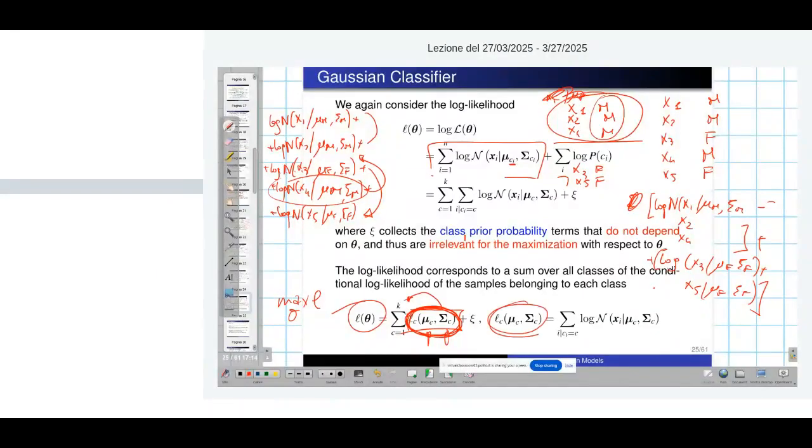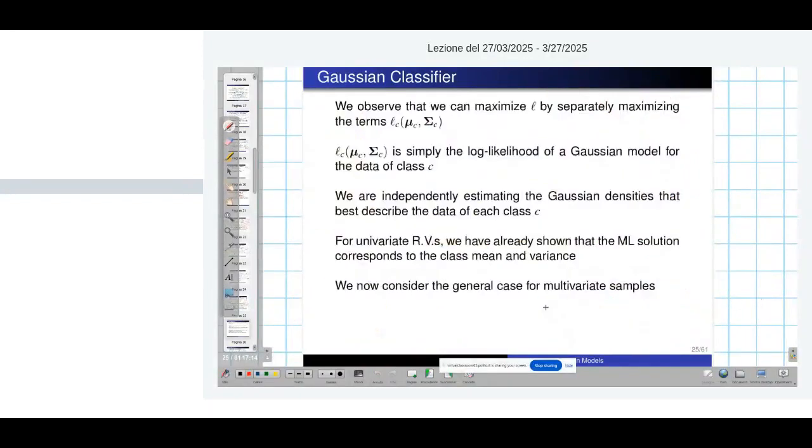But this is nothing else than the log likelihood of a Gaussian model for the samples of the class when the parameters are mu C and sigma C. So we already know how to maximize this if this were one-dimensional. If this were one-dimensional, the solution would be the mean of the dataset and the variance of the dataset, in this case, of the samples of that class, which is the dataset over which I'm computing my likelihood in this context.